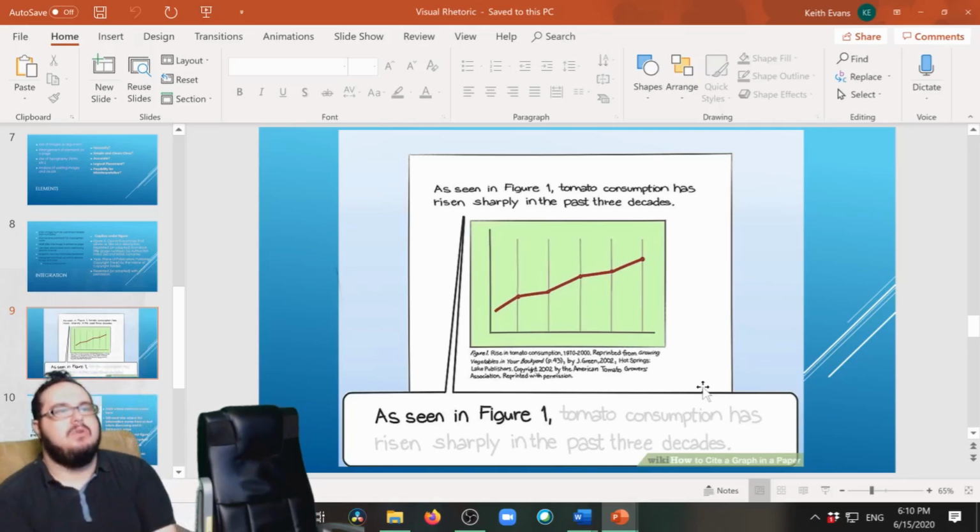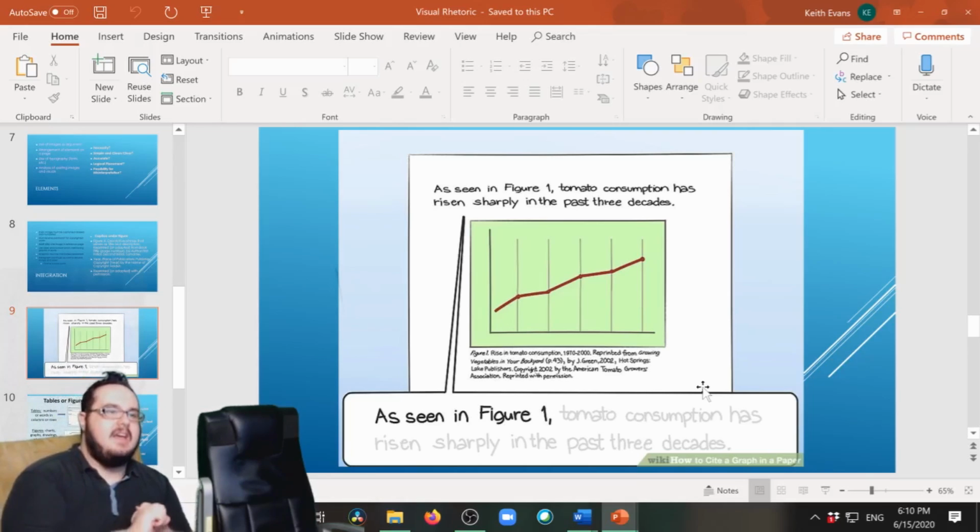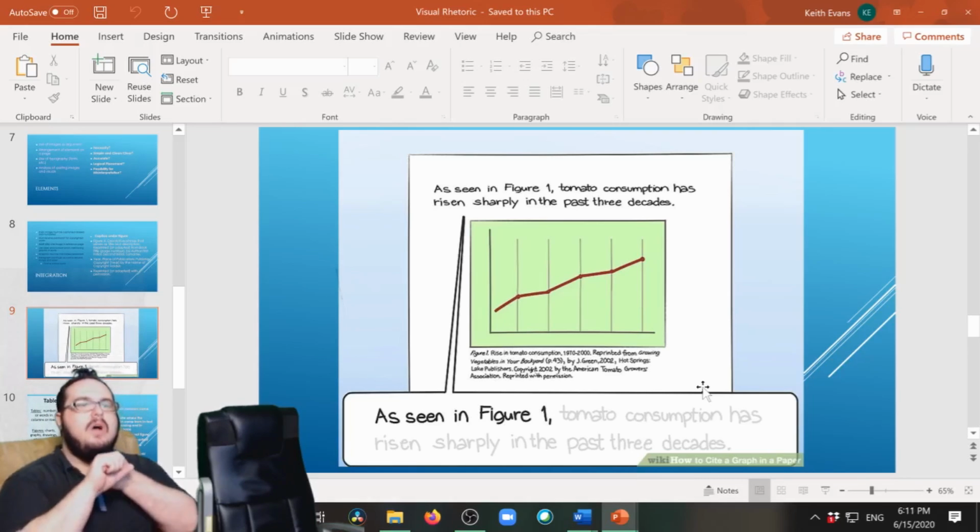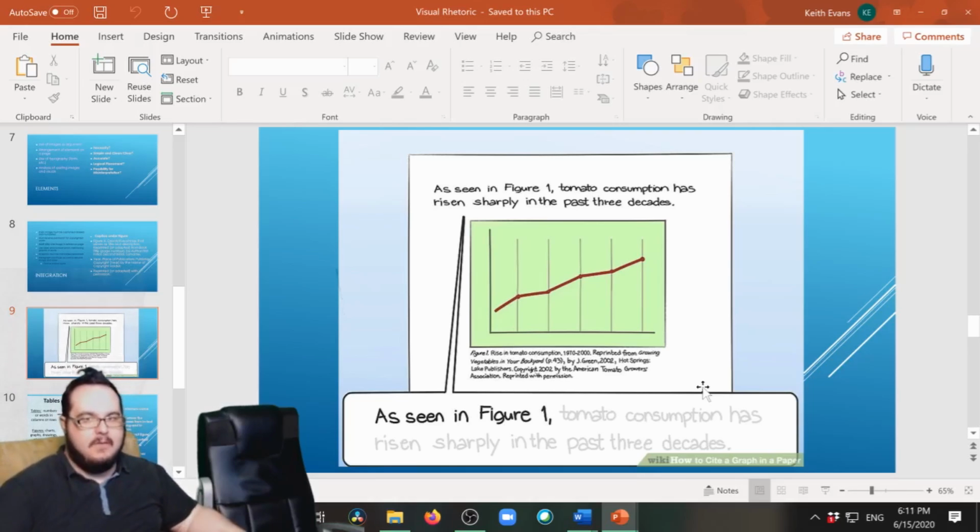The only time you don't need to cite something is if it's completely made by you, and the numbers are something you did the groundwork on and number crunched by yourself. So if it's a picture taken from somewhere else, you have to cite where that came from. If it's something you made yourself, but you had to do some research for the numbers you put into it, you need to cite where those numbers came from, and they'll appear twice, immediately after the graphic and at the very end in the reference page.